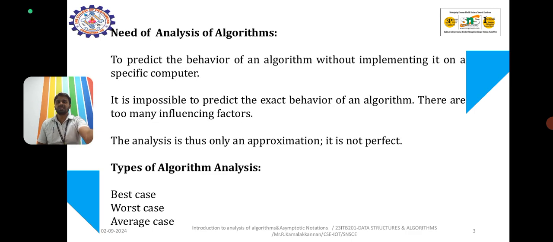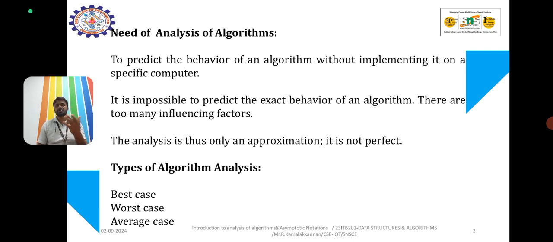So the next thing is the need for analysis of algorithm. Yes, why do we have to do an analysis of algorithm? Basically, it predicts the behavior of the algorithm for the particular solution without implementing it.